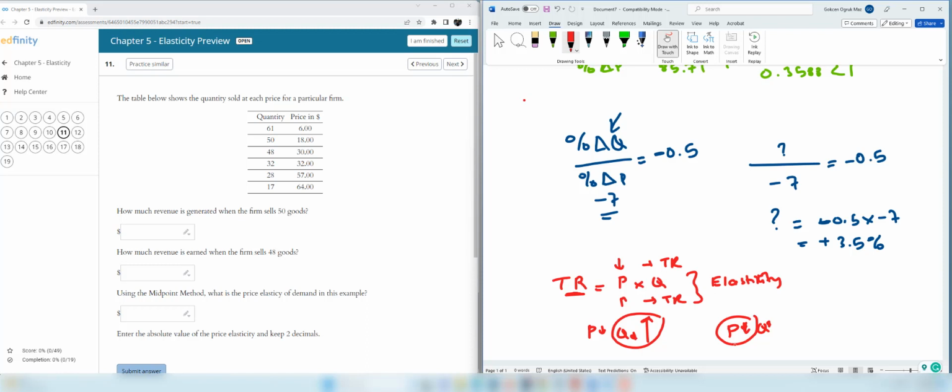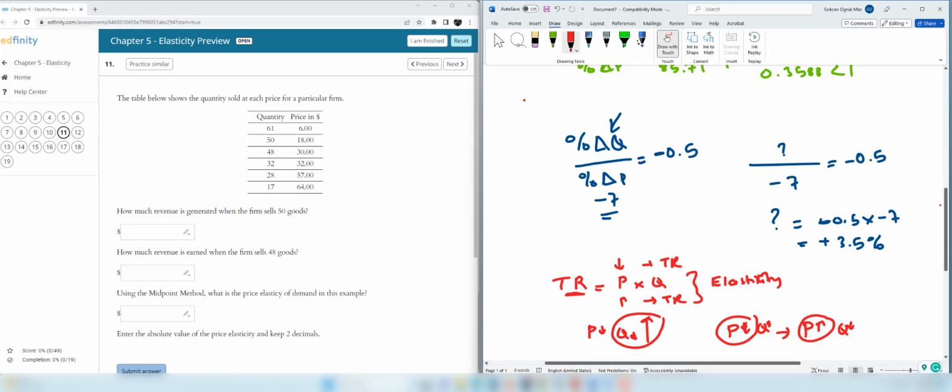Therefore, total revenue is going to decrease. In order to fix this for inelastic good, you should increase the price and quantity demanded decreases little. Therefore, change in price dominates in total revenue and total revenue increases. So as a summary, for elastic products, you need to decrease the price to increase revenue. For inelastic products, you need to increase the price to increase revenue.